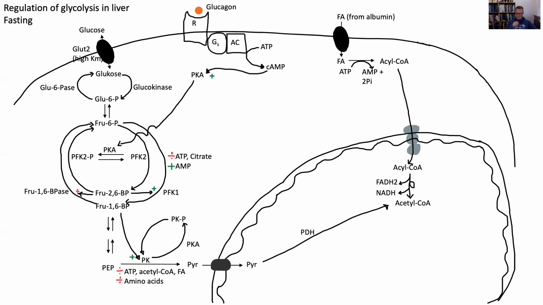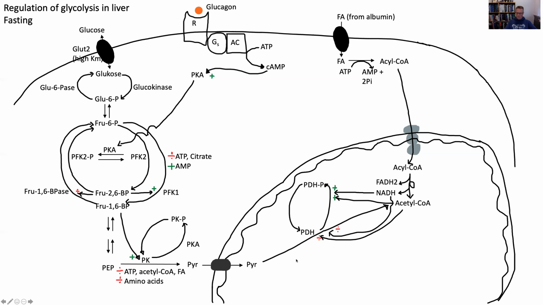As in muscle, we also know that pyruvate can enter the mitochondria and be converted to acetyl-CoA by the enzyme called pyruvate dehydrogenase. As in muscle, we also know that the enzyme can be allosterically inhibited by NADH and acetyl-CoA, and also that NADH and acetyl-CoA will promote the phosphorylation of PDH to its phosphorylated form, which basically is inactive.